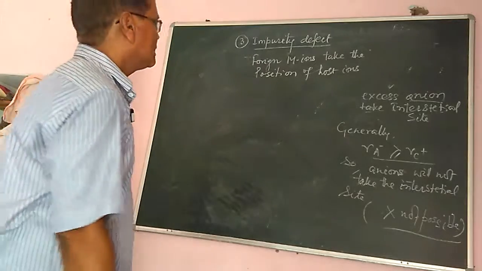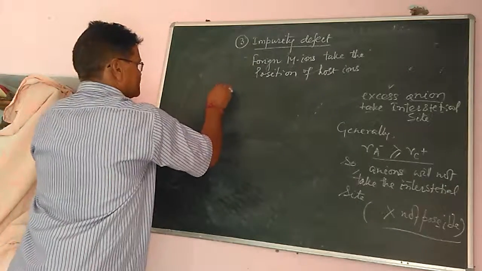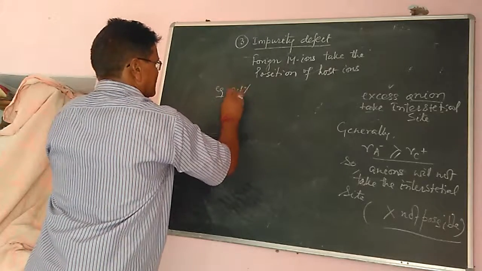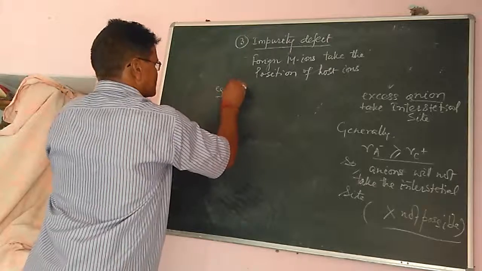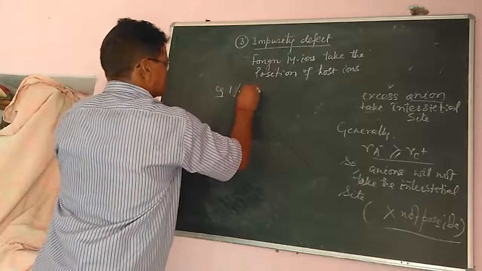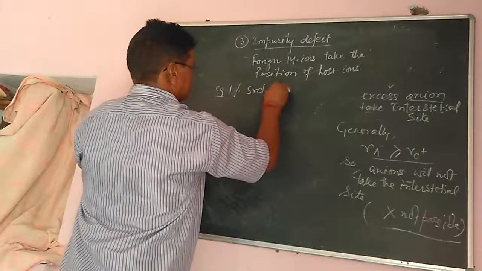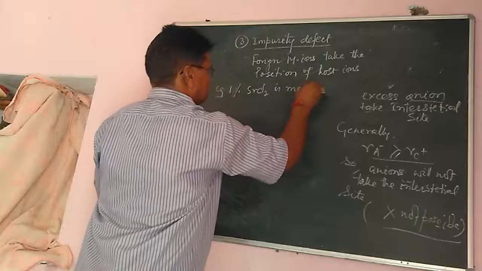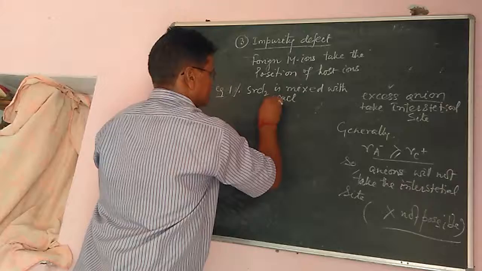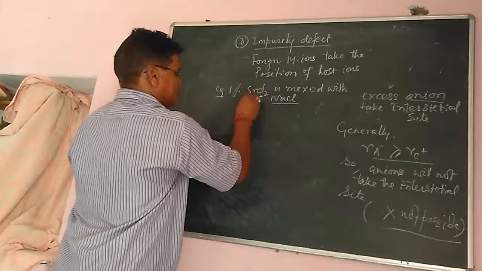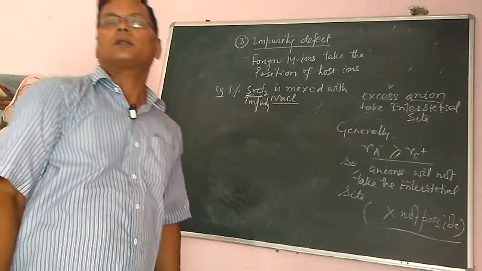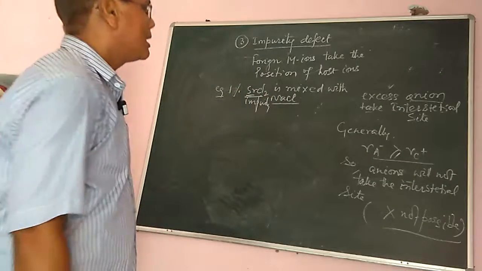Suppose, as for example, 1% strontium chloride is mixed with sodium chloride. This is the impurity, actually, and this strontium is the foreign metal ion.